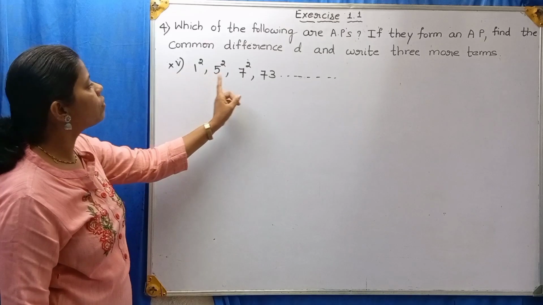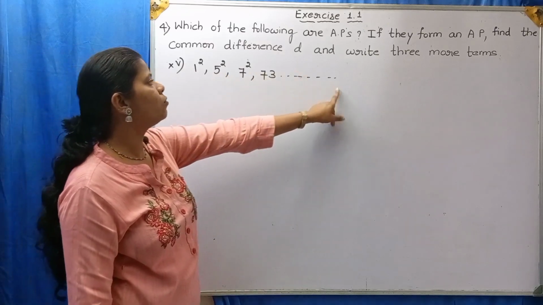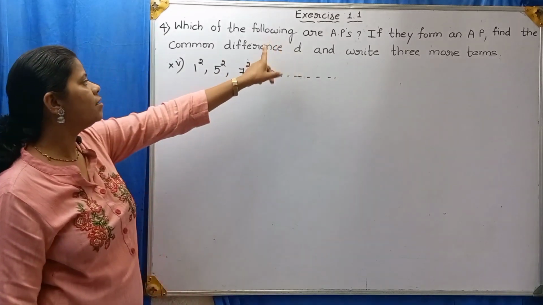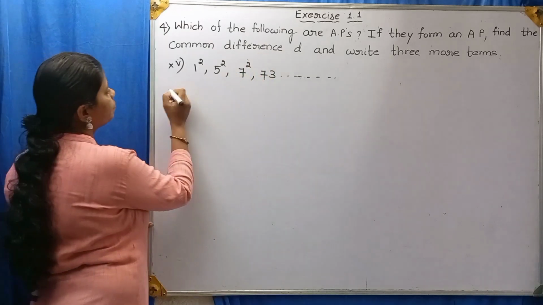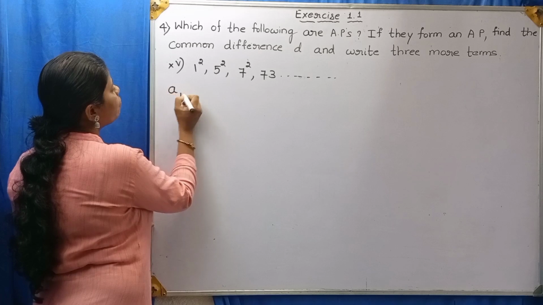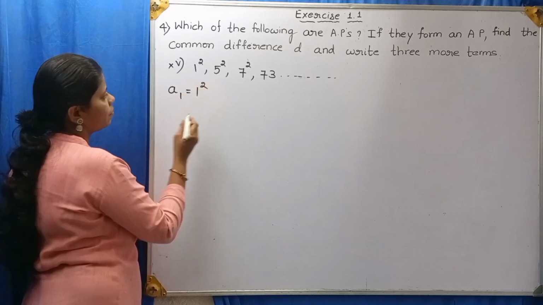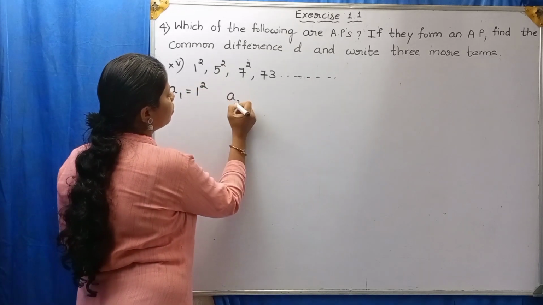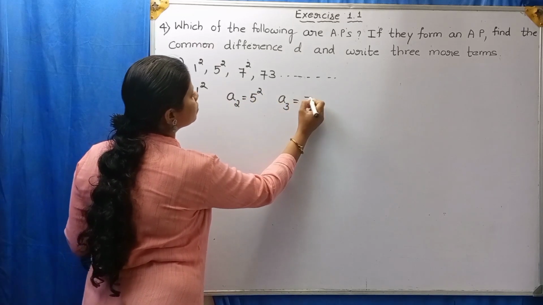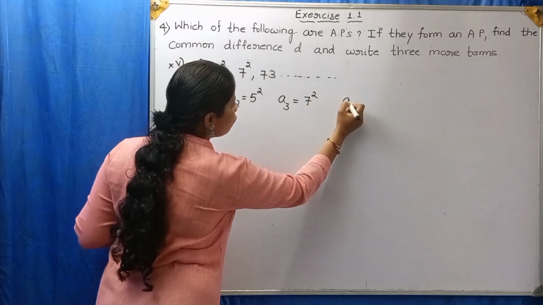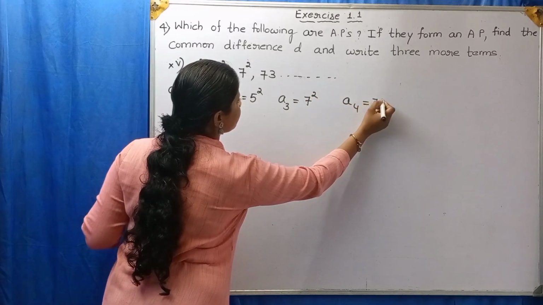One square, 5 square, 7 square, 73 and so on. We have to say whether it forms an AP or not. See here. A1 is 1 square. A2 is 5 square. A3 is 7 square. A4 is 73.